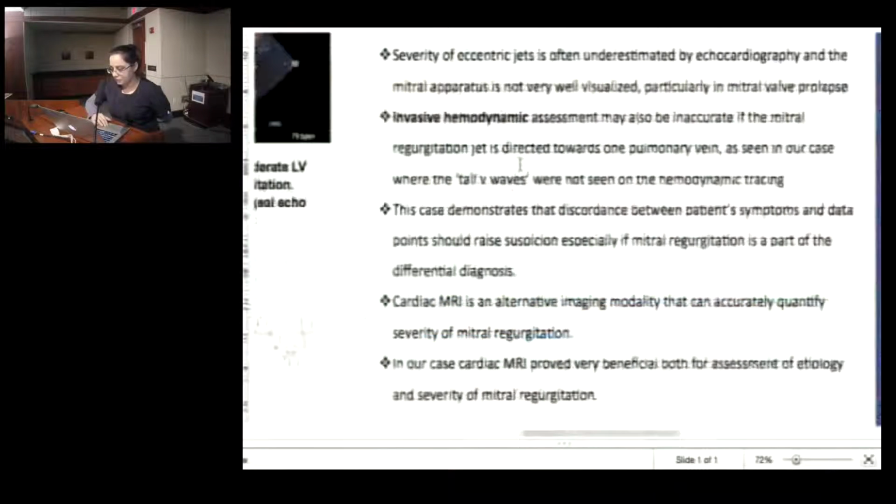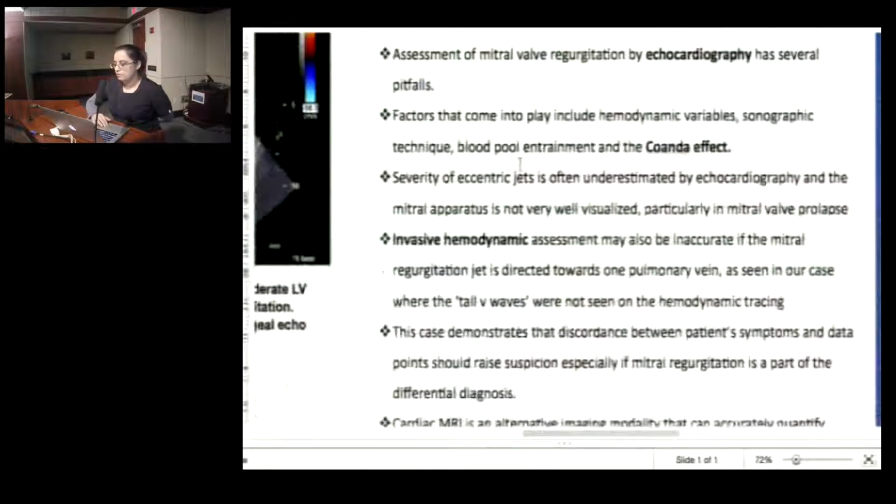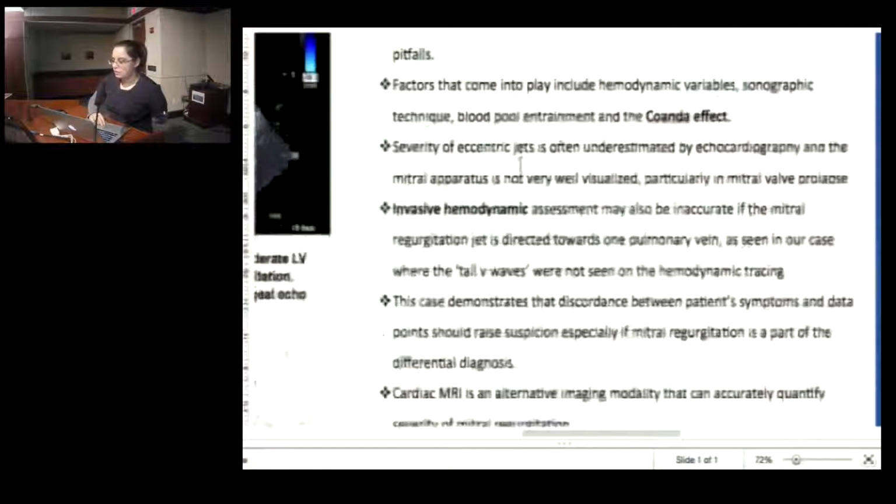So basically, the point that we're making here is that mitral valve regurgitation, and we all know this, has pitfalls just from transthoracic evaluation, and sometimes even gauging the severity of your mitral regurgitation may not be enough with just the transthoracic echo. In these cases, invasive hemodynamics may be helpful, but if you have an eccentric jet that directs towards one of the pulmonary arteries and not everywhere, you may not see the tall V waves that we typically see with severe mitral regurgitation.